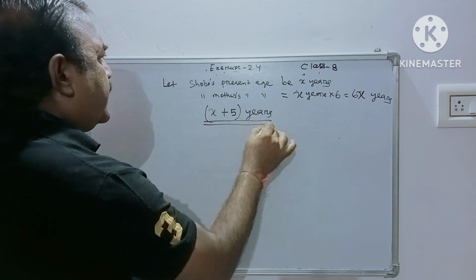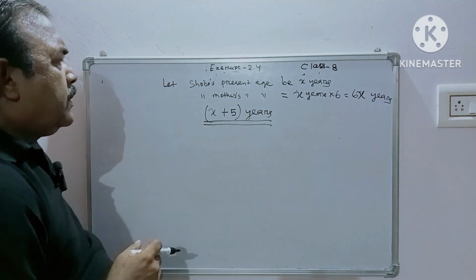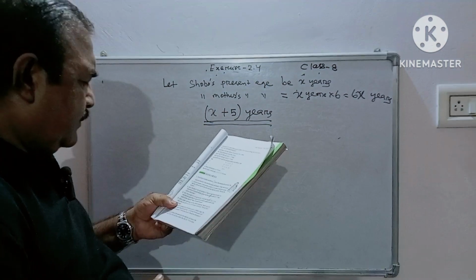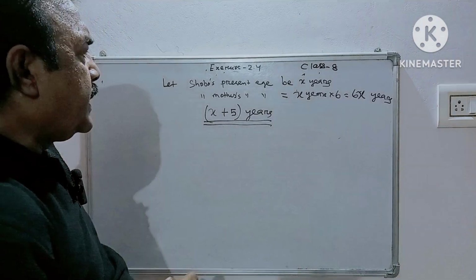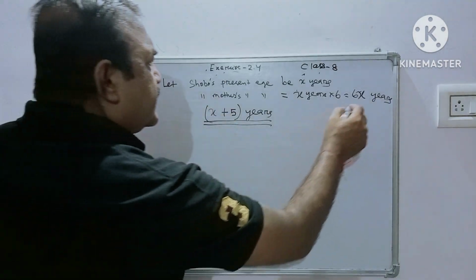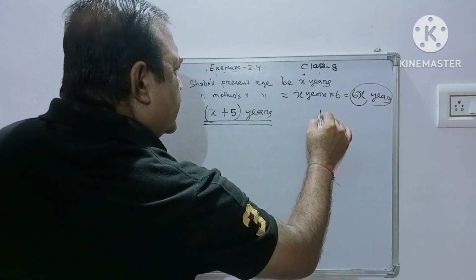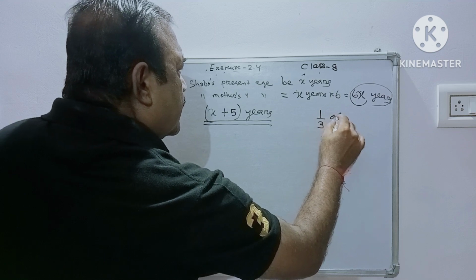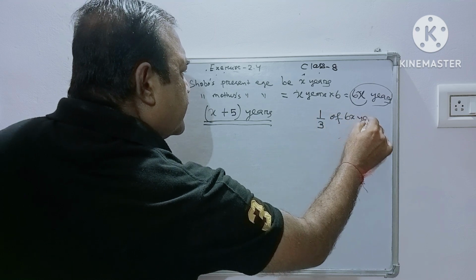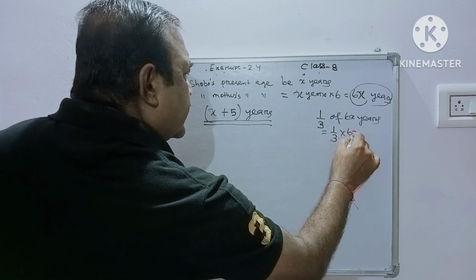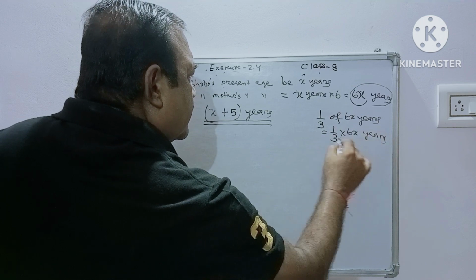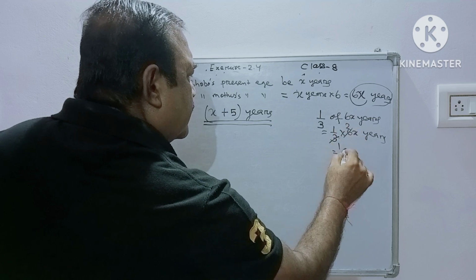That will be equal to 1/3 of his mother's present age. Mother's present age is 6x years, so 1/3 into 6x years, 3 1s are 3, 3 2s are 6, that is equal to 2x years.